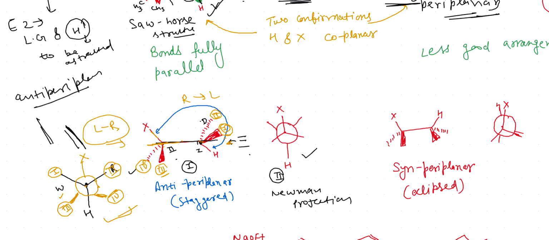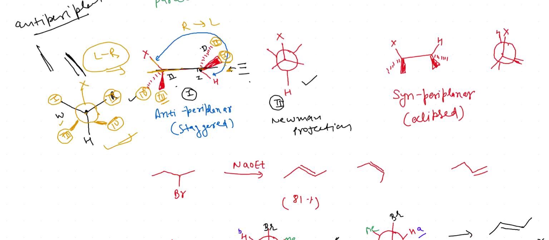Like this, you can represent wedges on this side and dashes on this side, and the solid bond, one is above the horizontal line and the other is below the horizontal line. Clear? So this is the way to present the Sawhorse structure into the Newman projection.